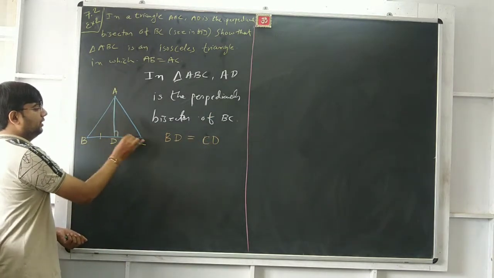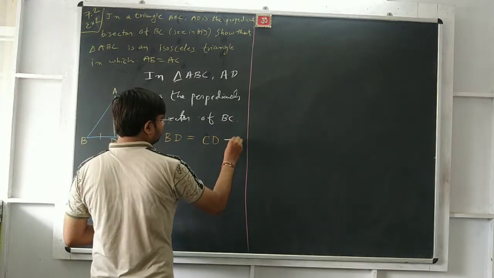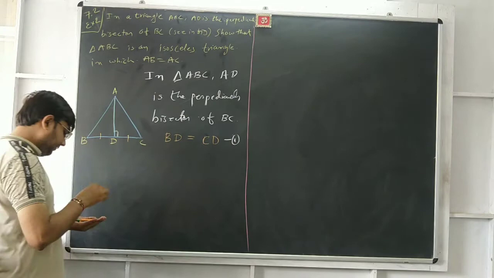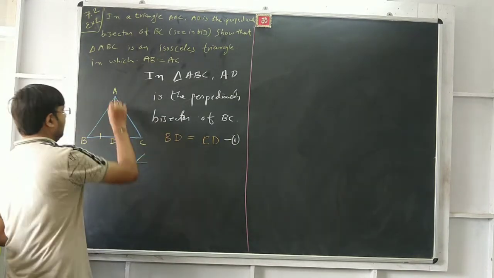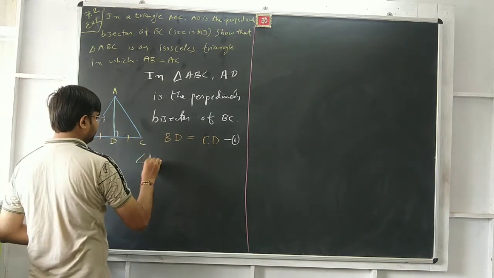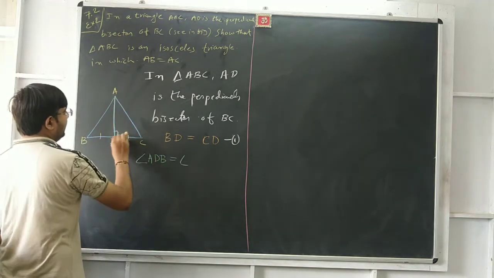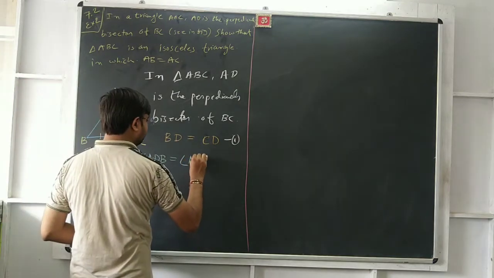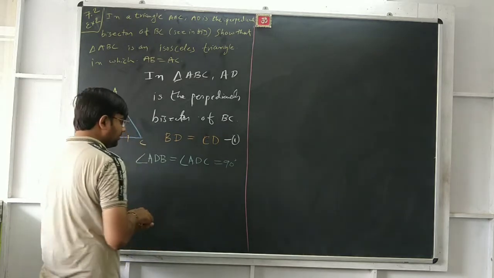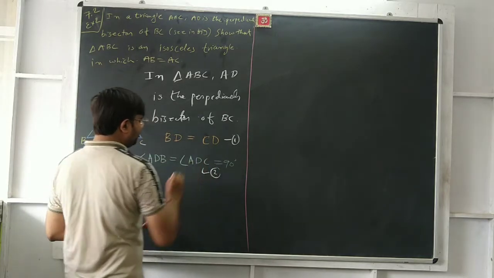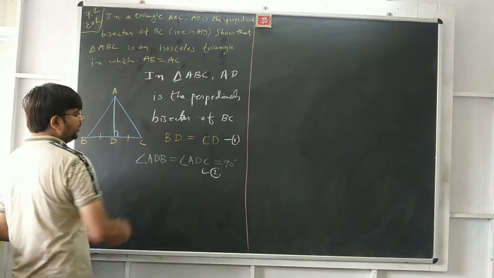BD and CD both are same. This is equation 1. And I can also write that angle ADB is equal to angle ADC is equal to 90. This is equation number 2. Because it is a perpendicular bisector, the angle should be 90.